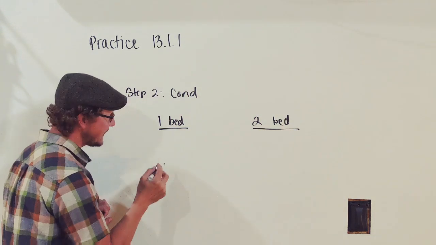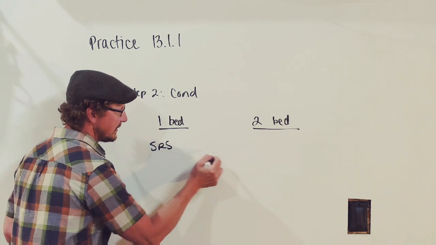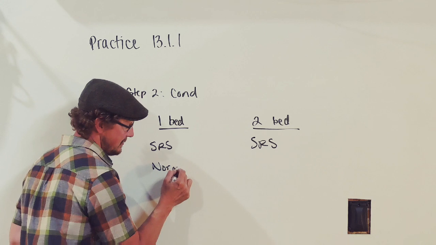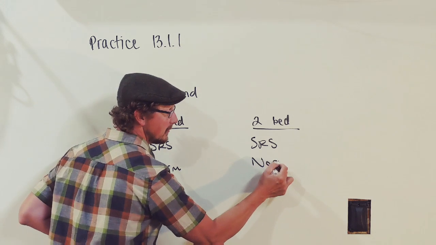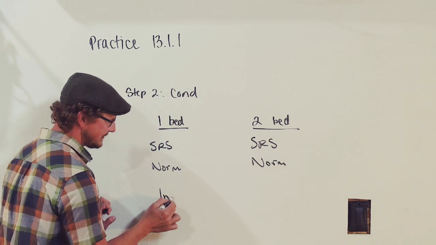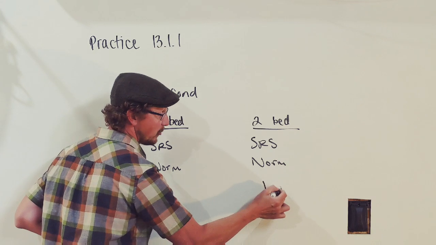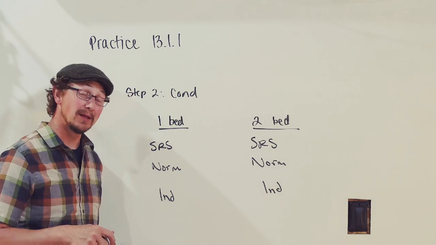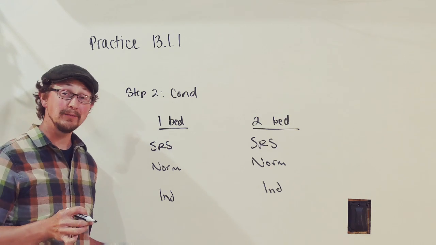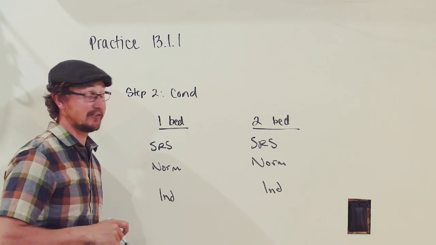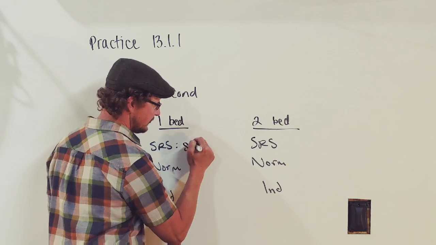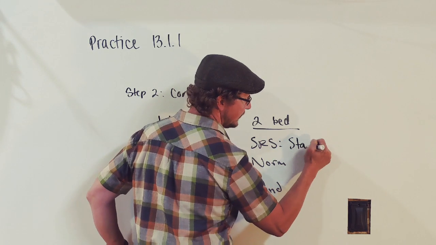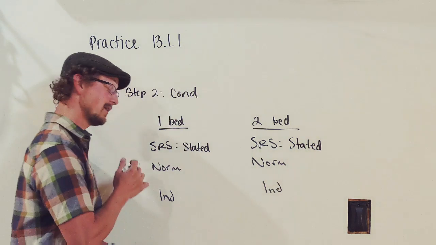And then I will lay out a simple random sample for both, normality for both, and independence for both. So simple random sample. In the problem, it said she took a random sampling of advertised apartments. So it was stated for both 1 and 2-bedroom apartments.